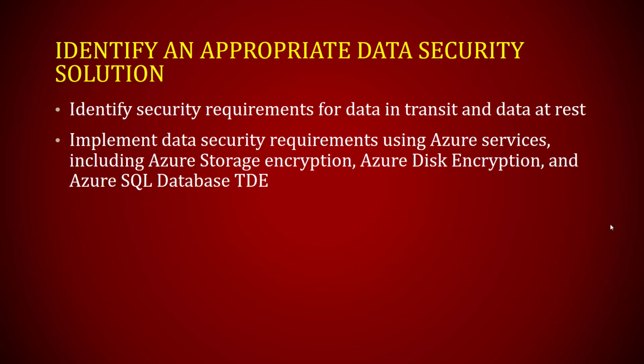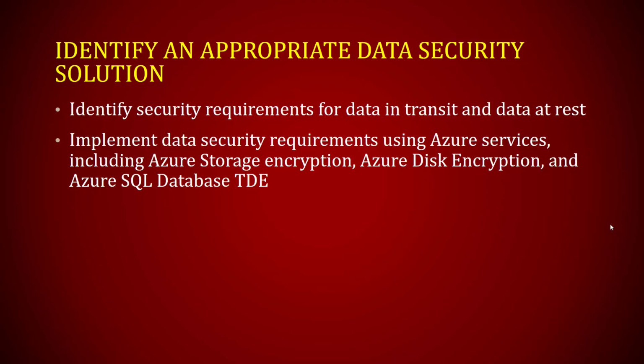The next topic is identifying an appropriate data security solution. And again, this is a really big topic, for reading purposes, for things that you need to look at. So the basic things are identifying security requirements for data in transit and at rest. What are the things that you need to include in your design?